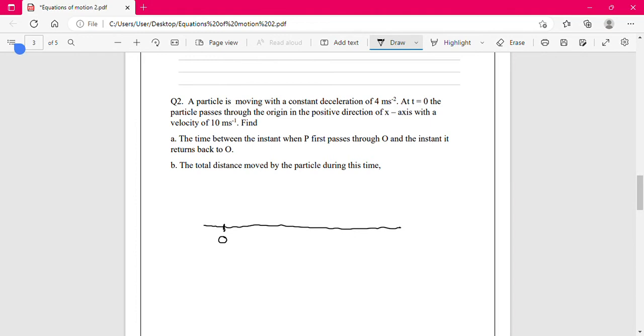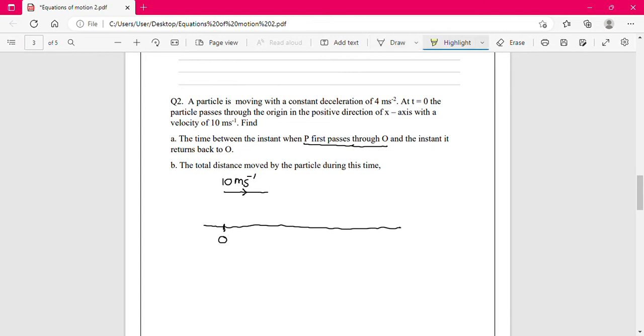Now the particle passes through the origin at time t is equal to 0 and it is moving in the direction of positive x-axis with a velocity of 10 meters per second. Now you have to find the time between the instant when P first passes through O, and the instant it returns back to O.